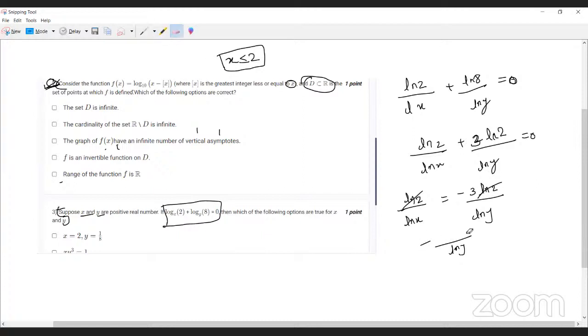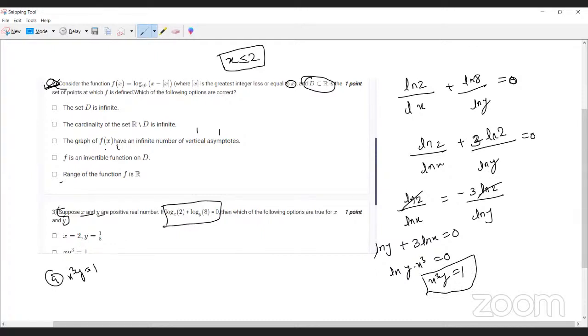I got ln y plus 3 ln x equal to 0. The 3 will go this side: ln of y x cube equals 0. Then x cube y equals e to the power 0, that is 1. So the fourth option is there: x cube y equals 1.